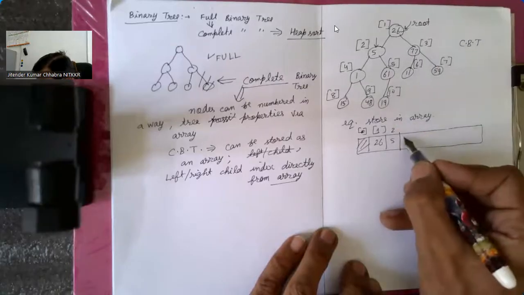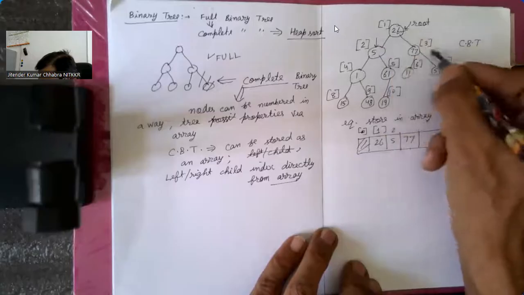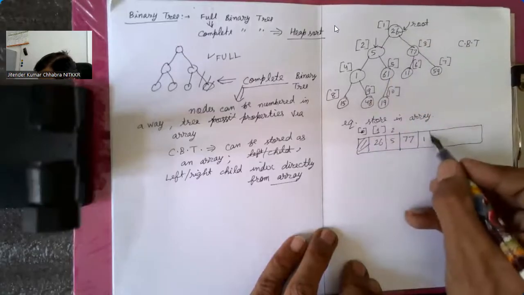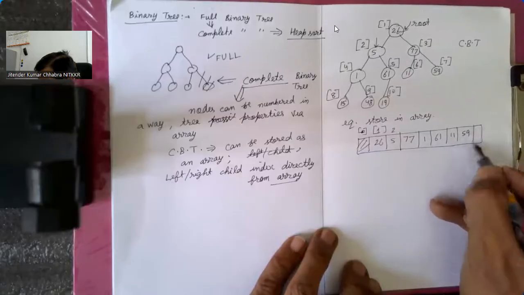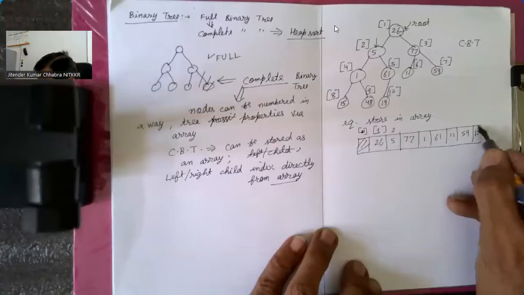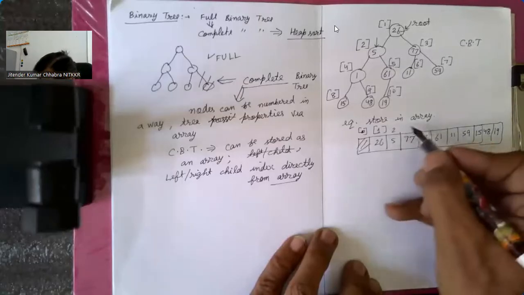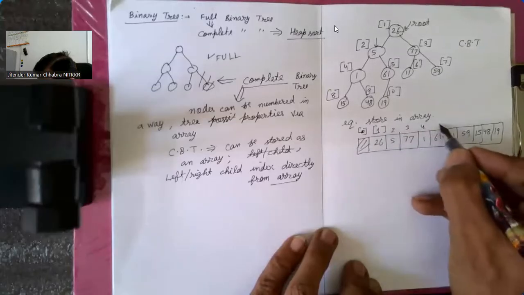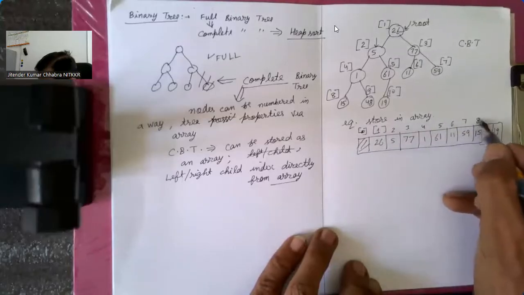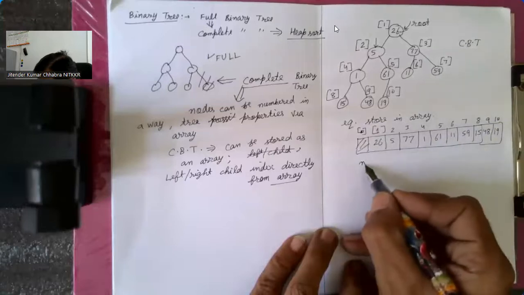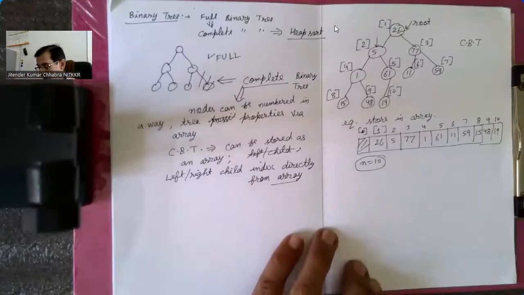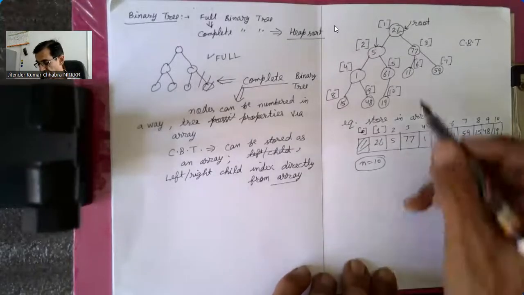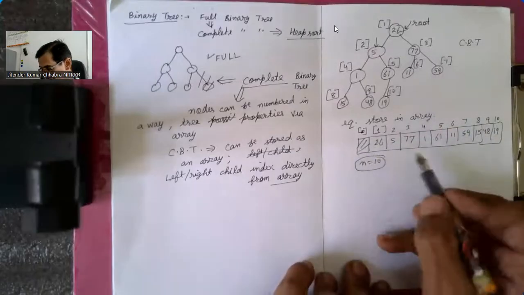Then level order traversal: 26, 5, 17, 116, 11, 161, 11, 59, 40, 15, 48, and 90. And if you see these numbers, the indexes are 1 to 10. So total 10 elements are there, n equal to 10. Effectively the whole complete binary tree of 10 nodes could be stored in this form.